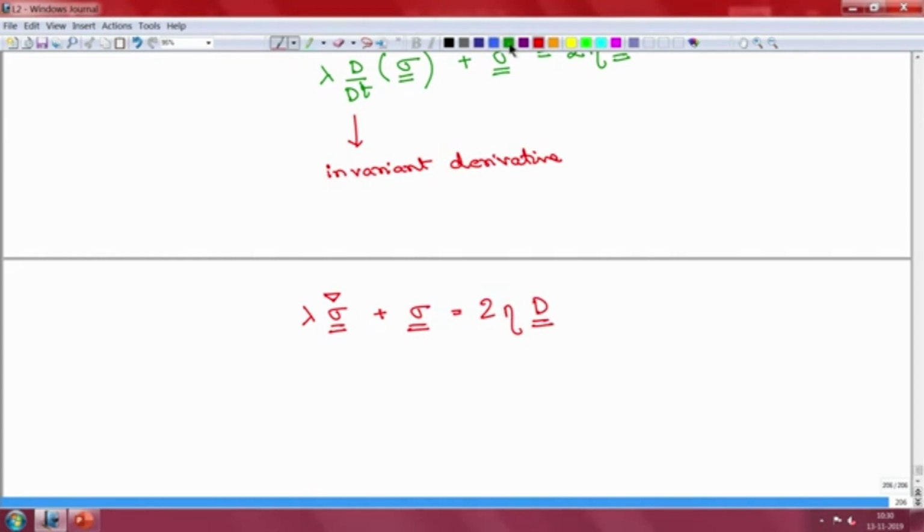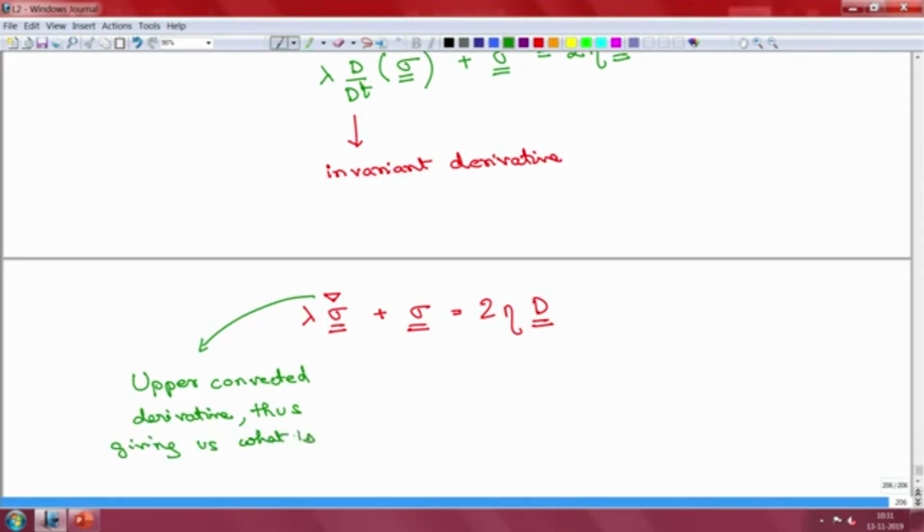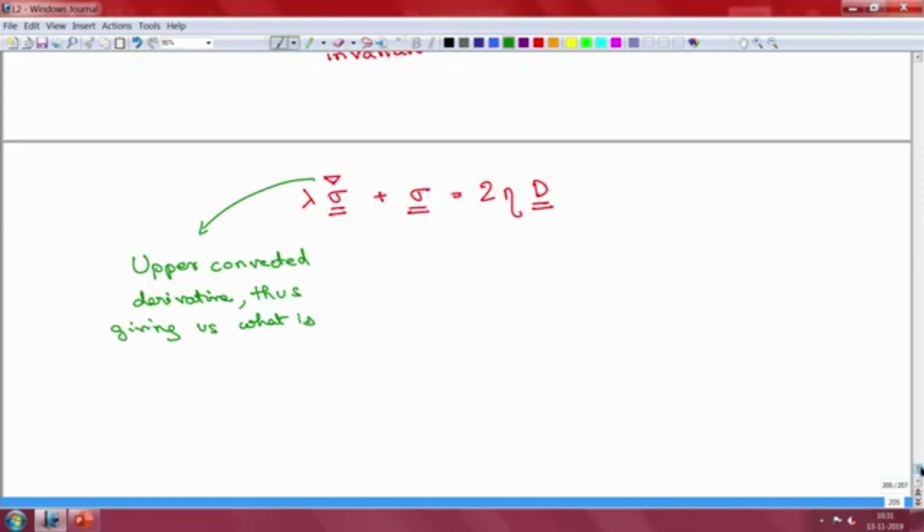And this indicates an upper convected derivative, thus giving us what is called, so this equation here is also known as the upper convected Maxwell model. Okay. Maybe I will just write it separately.